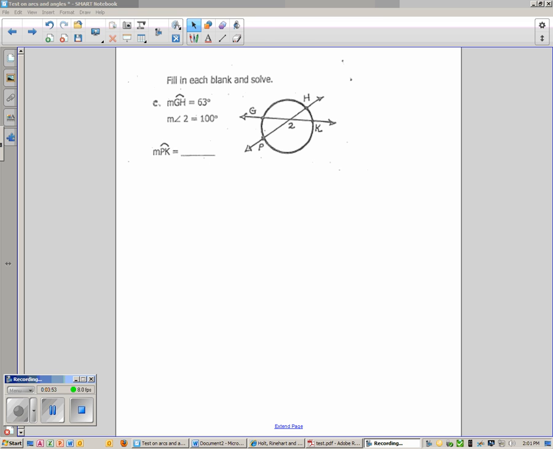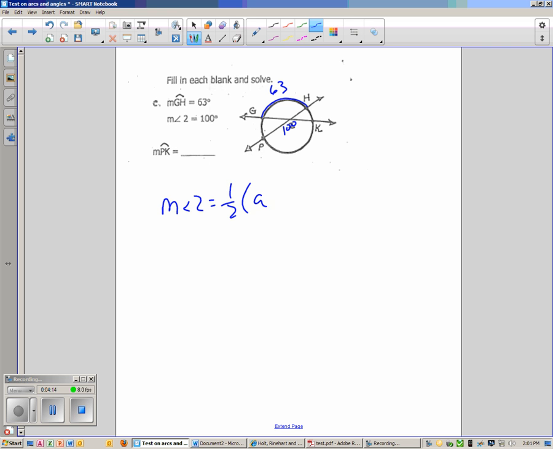All right, now 1C, let's go ahead and mark the given information. I'm given that GH is 63, so I know this is 63. I'm given the measure of angle 2 is 100. It does look like the picture that we just solved in problem 2B, so I know I'm going to be using the measure of angle 2 is equal to 1/2 arc 1 plus arc 2 equation.